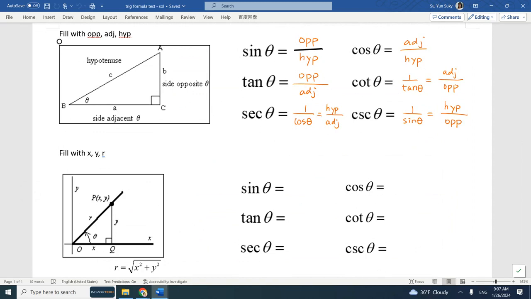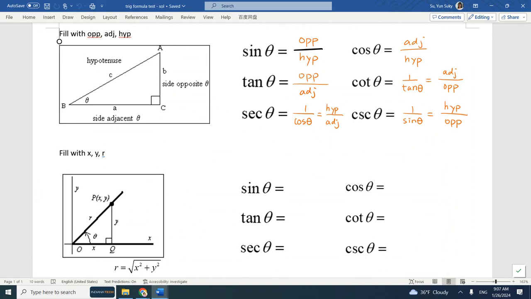We have the Pythagorean theorem. The Pythagorean theorem tells us that r squared equals x squared plus y squared. Do you all remember the Pythagorean theorem? Therefore, r is the square root of x squared plus y squared.